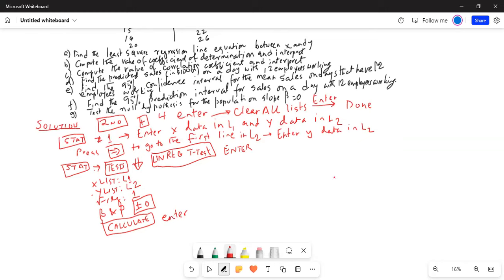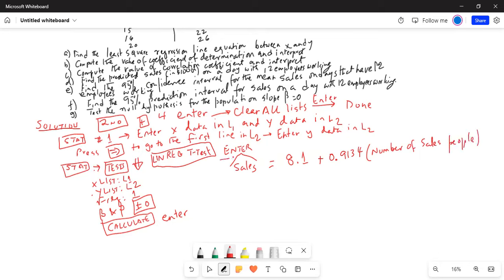So our least squares regression line, because Y is sales, so predicted sales, therefore it has a hat symbol on top of it, is equal to the intercept 8.1 plus 0.9134 times X, where X is the number of salespeople.